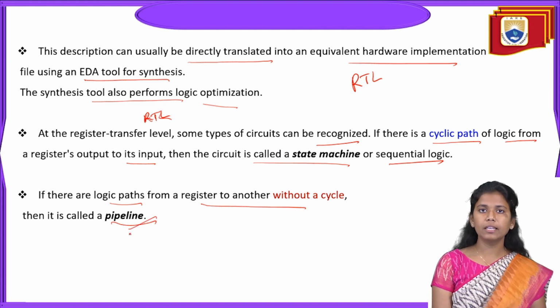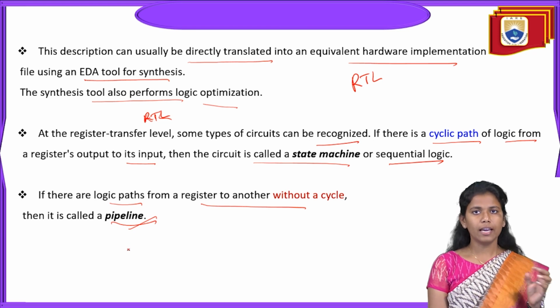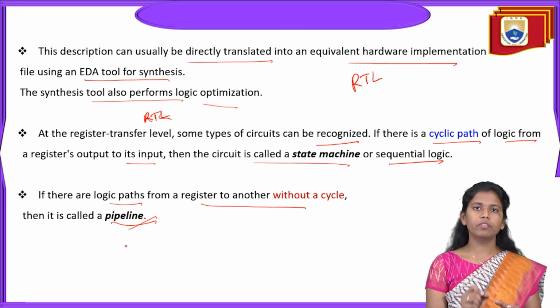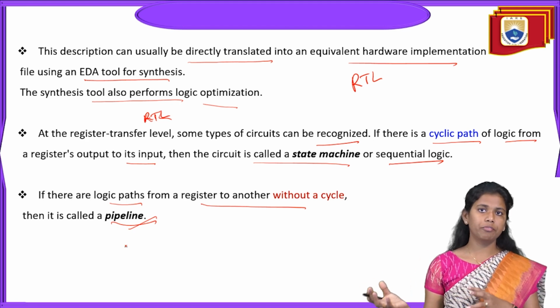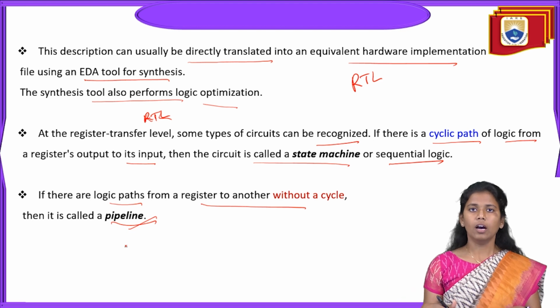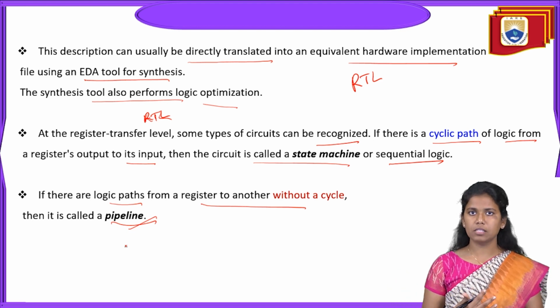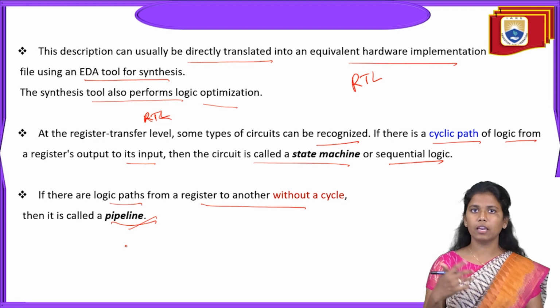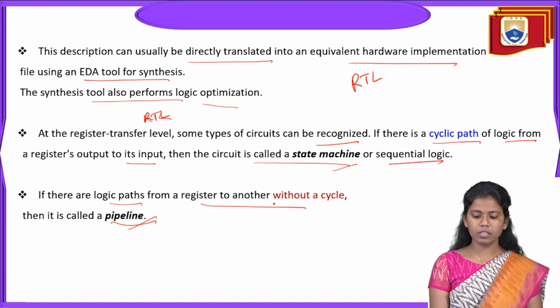The pipeline does not consist of any loop-like or feedback structures. Input is given directly, everything is sorted out inside the module, and the output can be observed. If you find any sort of feedback path or cyclic path, then observe that there is a state machine. If there's no circle, then it is called a pipeline.